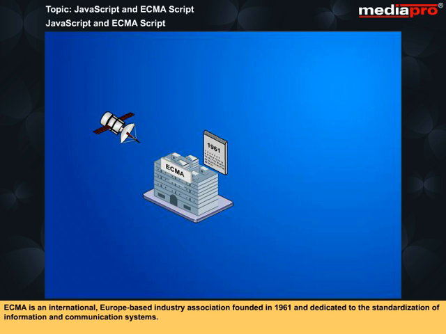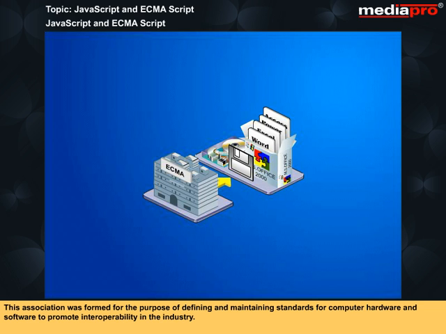ECMA is an international Europe-based industry association founded in 1961 and dedicated to the standardization of information and communication systems. This association was formed for the purpose of defining and maintaining standards for computer hardware and software to promote interoperability in the industry.